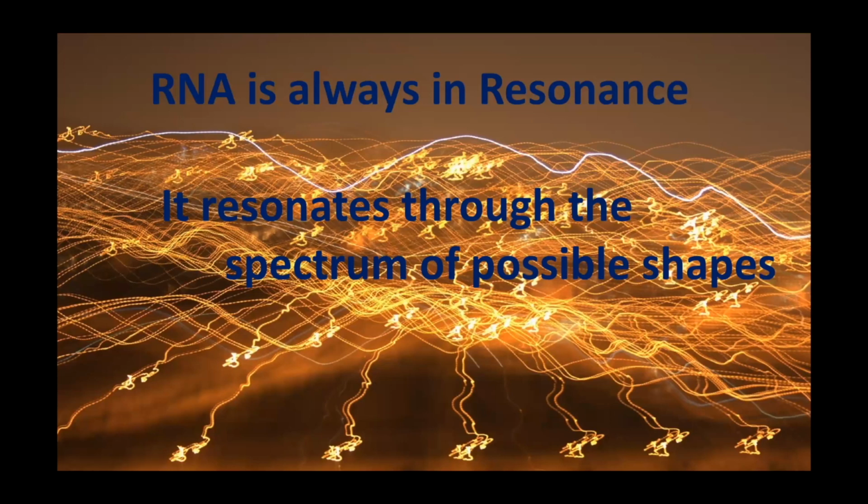Because RNAs don't assume a single structure. This was hinted at earlier, of course, in the talk of Joe from earlier. RNAs are always in resonance through all possible shapes, moving through a spectrum of those possible shapes.